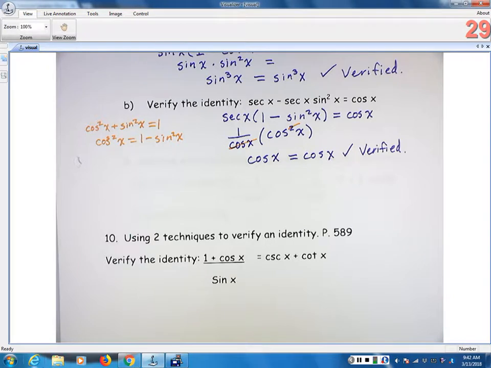Okay? So what happens if you don't remember your algebra or your identities? You can remember those things. That's one way. You could have changed it all in terms of cosine and sine first, but any questions?